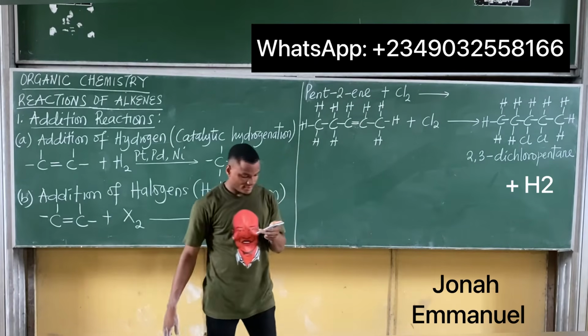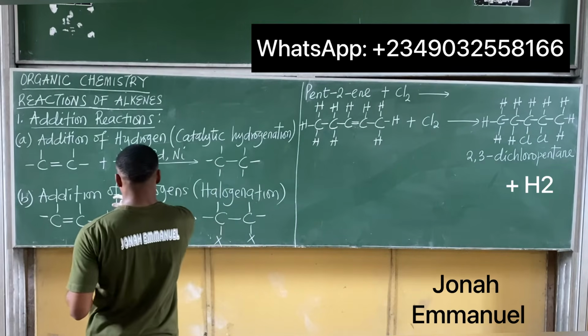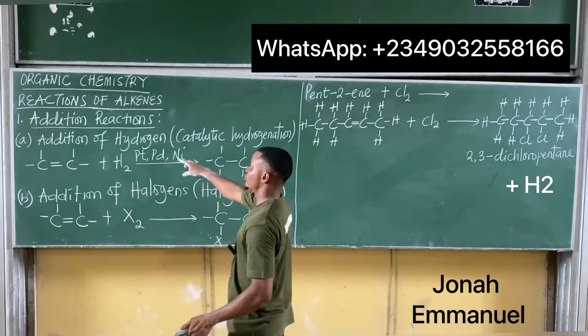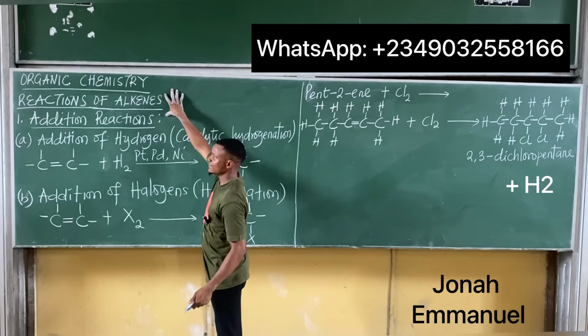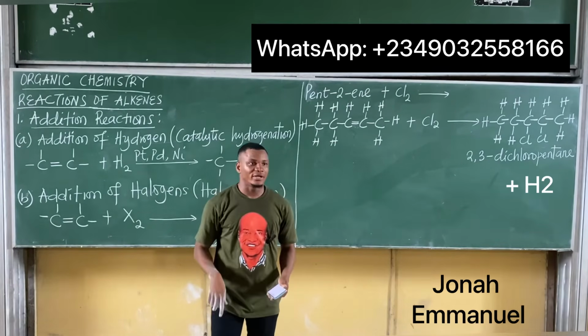Take down, please. That's how many now? 2. We're looking at addition reactions of alkenes. We've done 2, this and this. The third one, let's see the third one there.